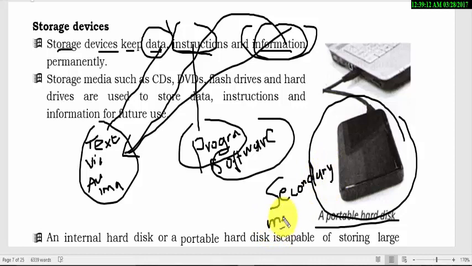Secondary means that this is a storage media which is found outside the computer. Primary storage media are components of the computer which are found inside the computer.